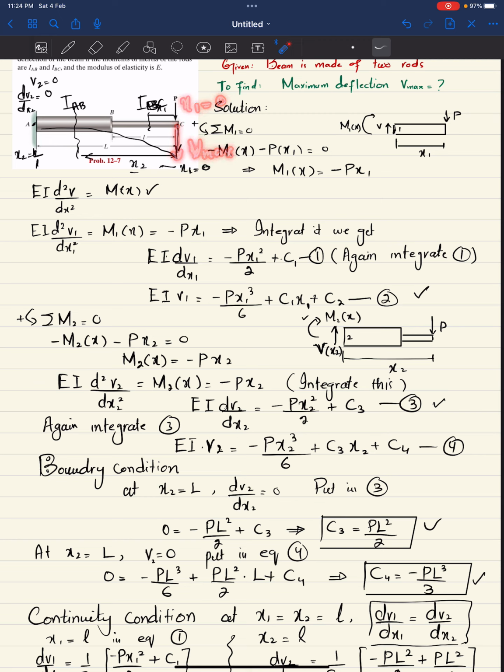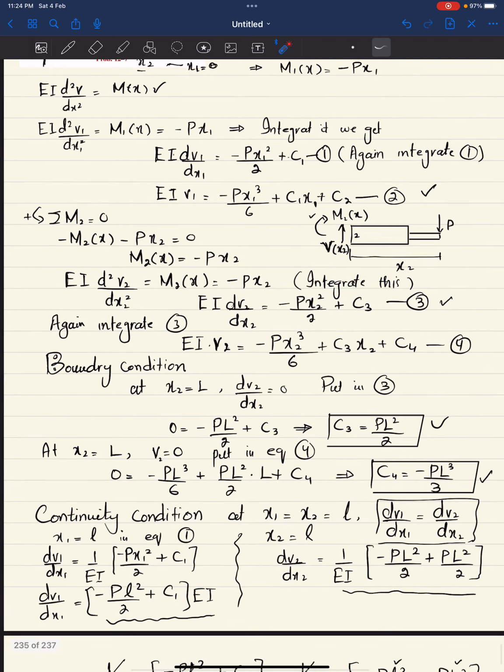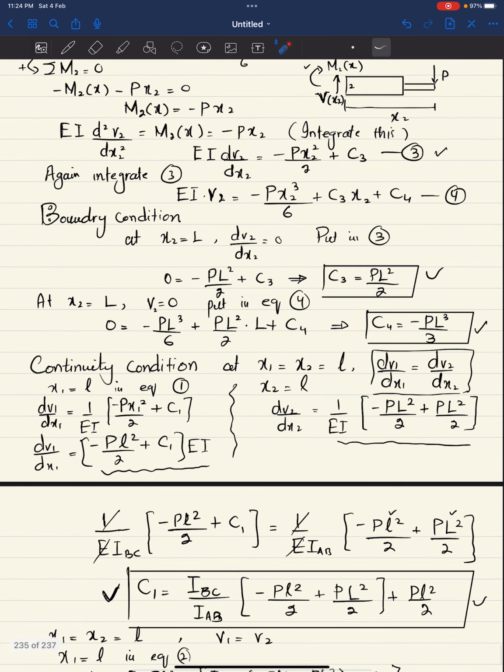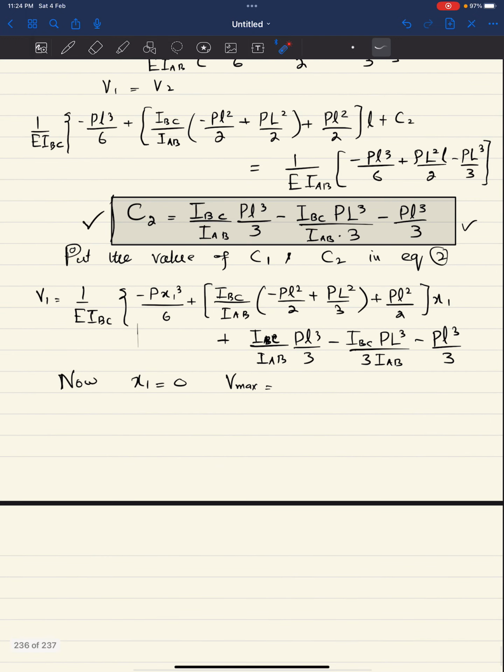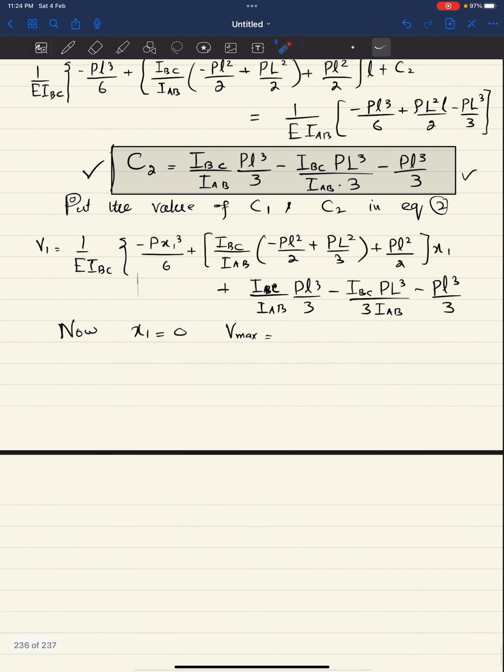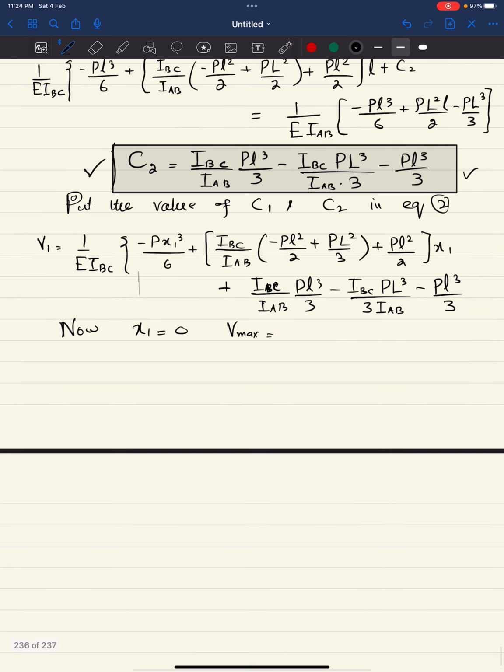Also you can use x2 is equal to 0 as well, but for that you will then use equation number 4 for finding the deflection. So here I have solved it for V1. If you put x1 is equal to 0, V1 will be maximum.